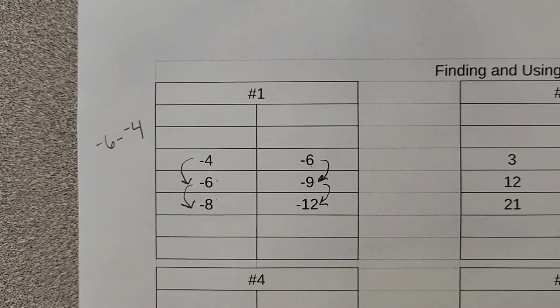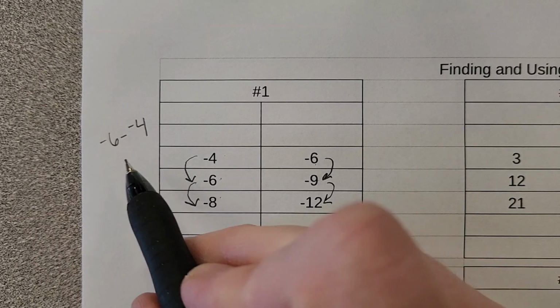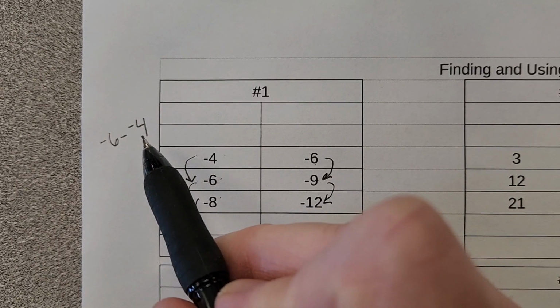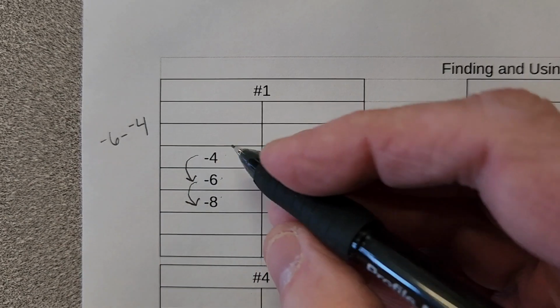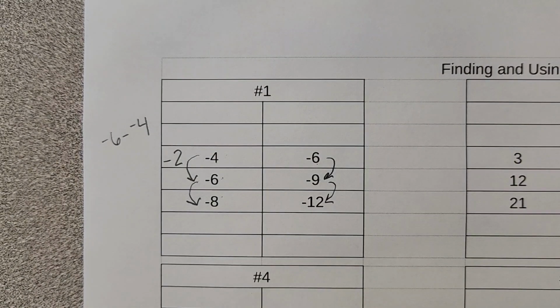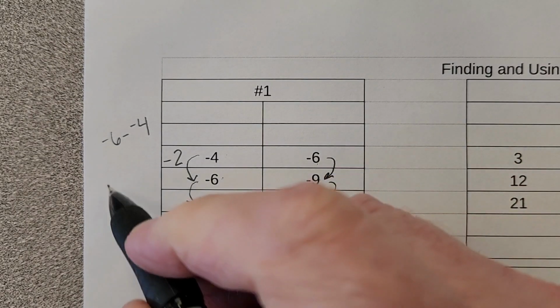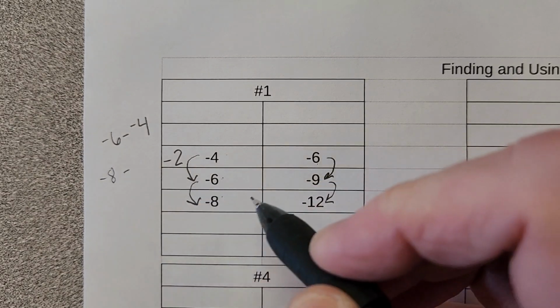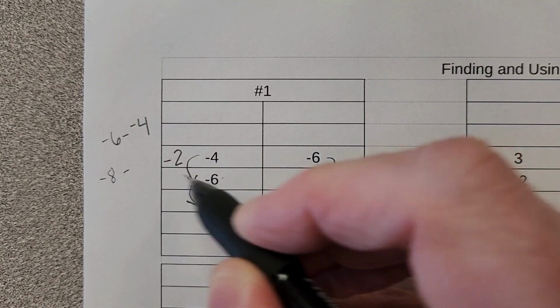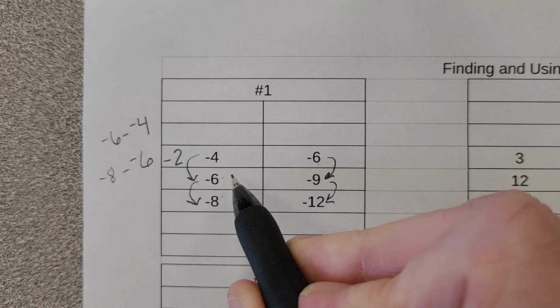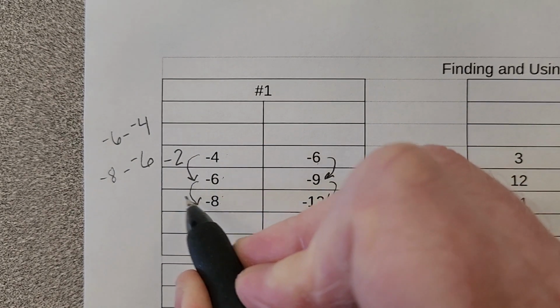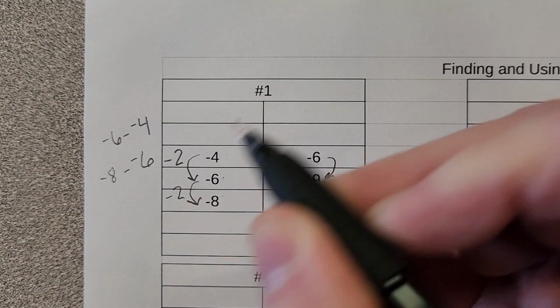So everybody's plugging in -6 minus -4, and you will see in your calculator -2. And it's going to be the same distance here, but we're going to verify. So you're going to plug in -8 minus the number above it, -6. And you're going to see that this distance here is also -2.